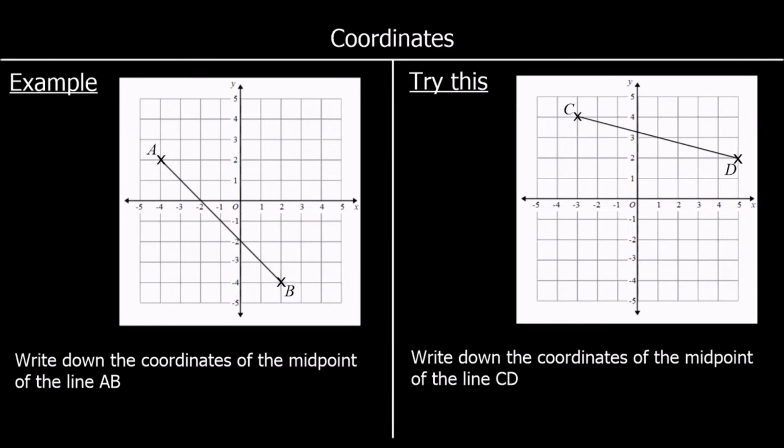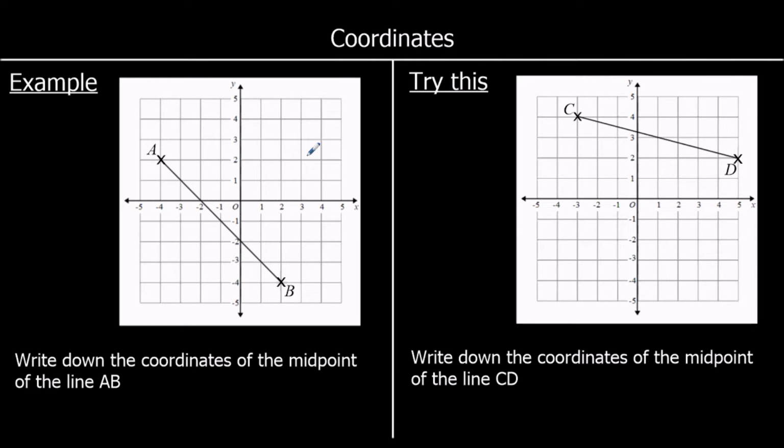Next question. This one says write down the coordinates of the midpoint of the line AB. So we've got a line AB drawn on our grid, and we want to know the middle of this line. So we can say, how do you get from A to B?